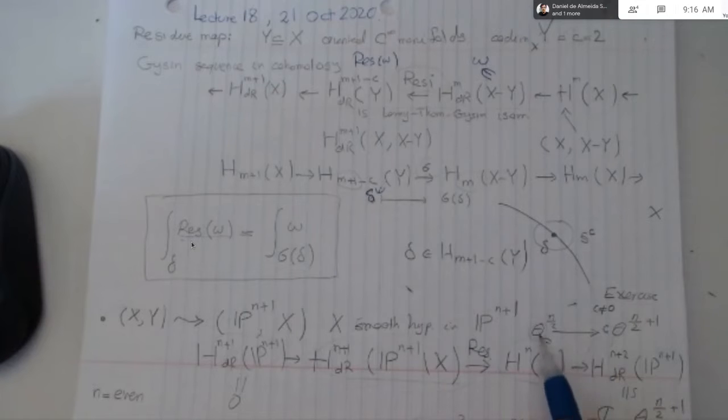Anyway, what I'm saying is that this element will be mapped to the generator of this group.